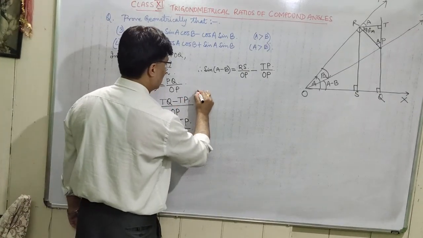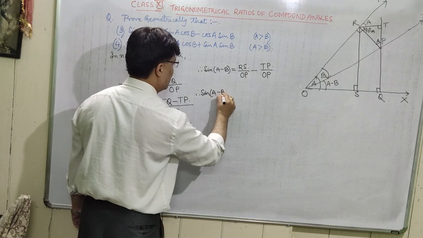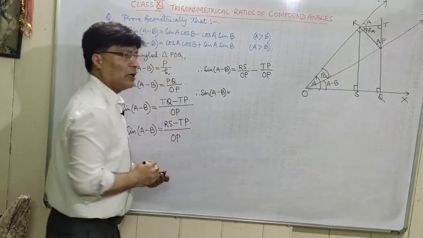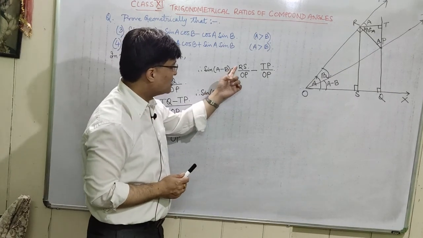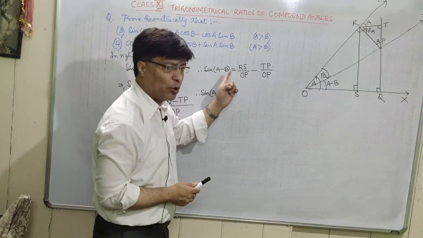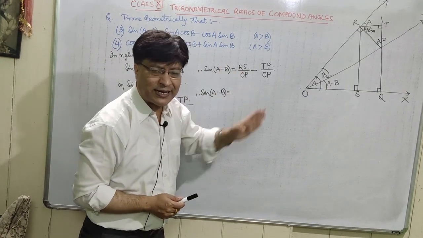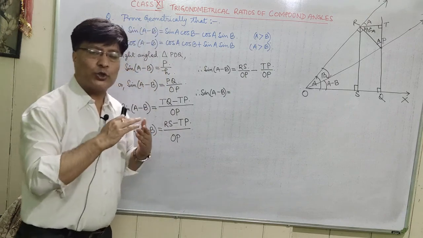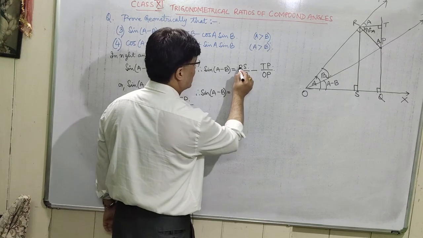Now RS upon OP is there. There are two straight lines, RS and OP. Which straight line is intersecting both RS and OP such that a right angle triangle may be formed, so that you can write down the formula? So this is RS and OP.